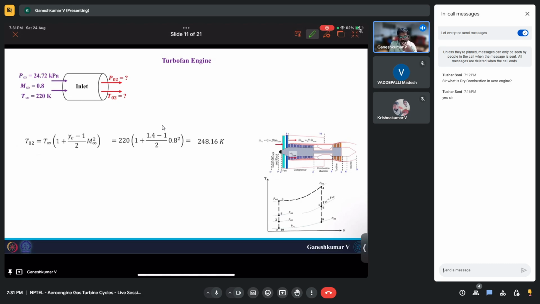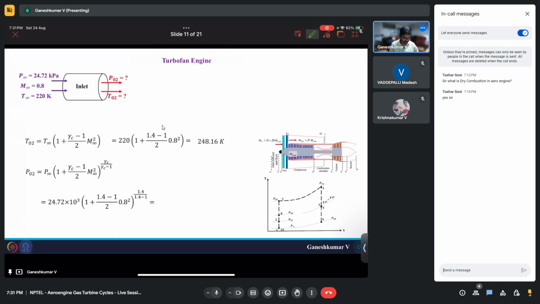Okay. Similarly, you can find the pressure. This is also coming from isentropic flow relations. So if you substitute these numbers over here, these are things you are seeing every day, by now you are masters in this, component wise finding the station quantities.